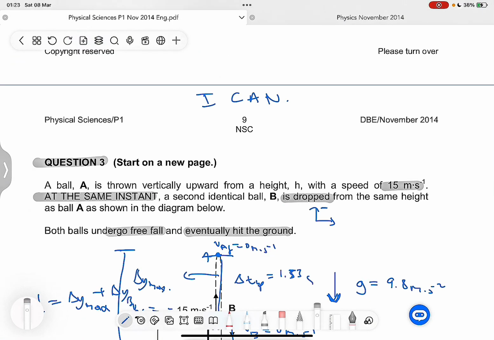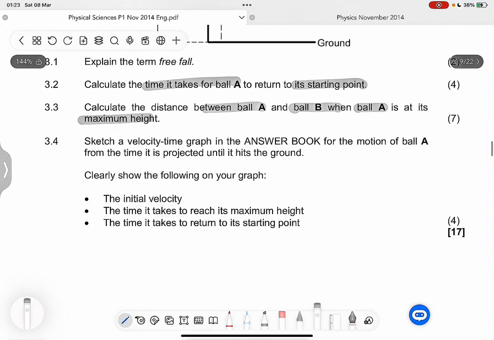Now we are ready to answer the last question, which is 3.4, and this question says to us: sketch the velocity versus time graph on the answer book for the motion of ball A from the time it is projected until it hits the ground. Very interesting question.